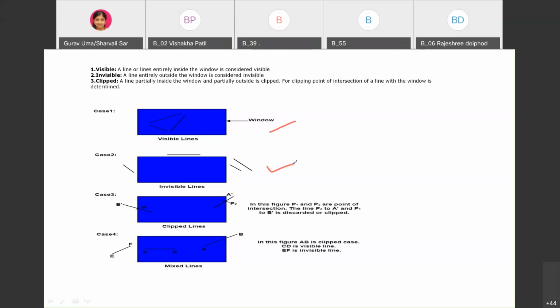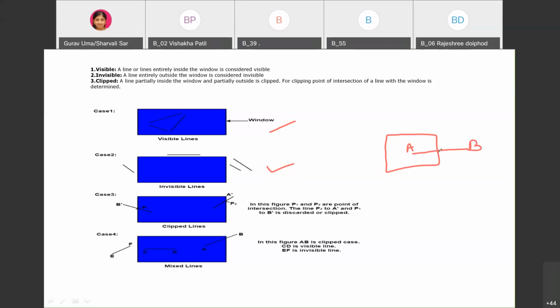Similarly, see case 3. Now in case 3, some portion of the line is outside the window, whereas some portion of the line is inside the window. So in this figure, P1, P2 are the points of intersection. The lines P2 to A dash and P1 to B dash are discarded, or clipped. Suppose this is my window and this is my line with points A and B, then we have to find the intersection point.